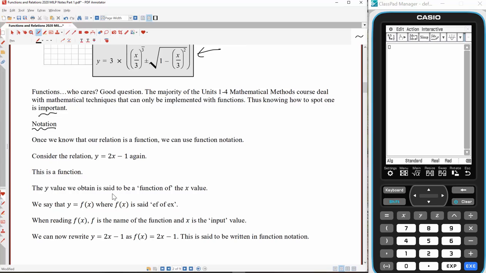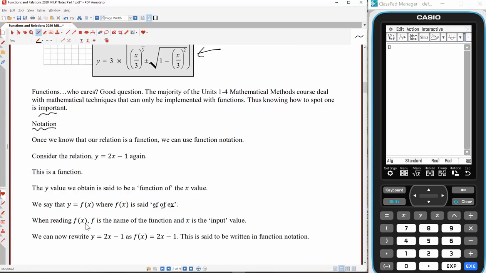So the y value we obtain is said to be a function of the x value. So what you get is a function of what goes into the function itself, or a function of the x value. So we say that the y value is equal to a function of the x value, where this thing here is read as f of x, okay, f of x.